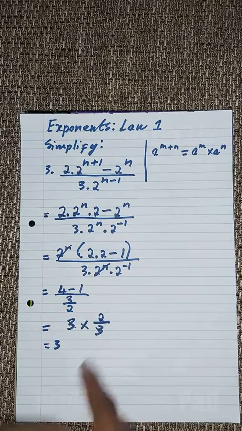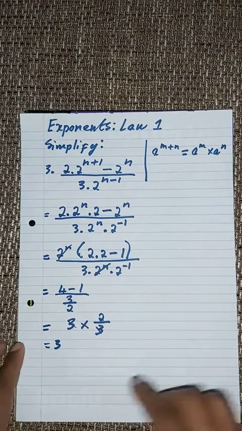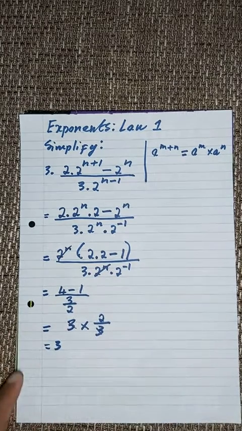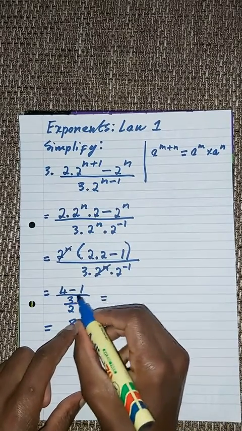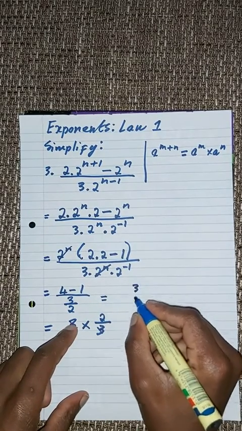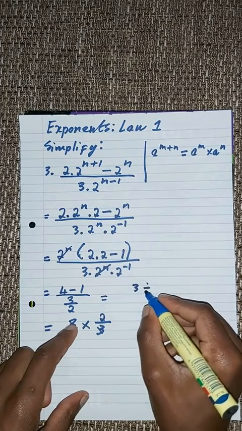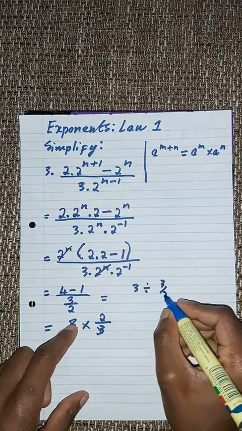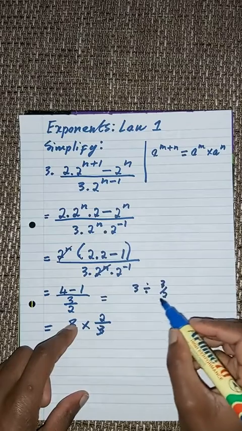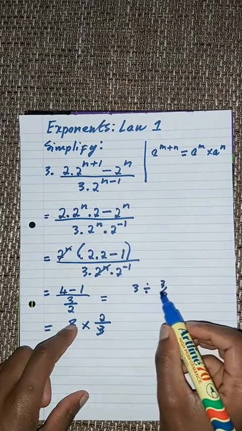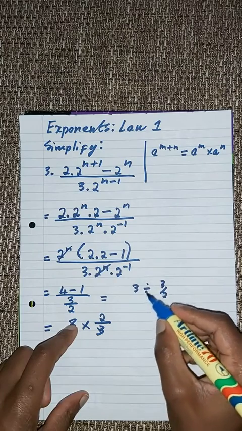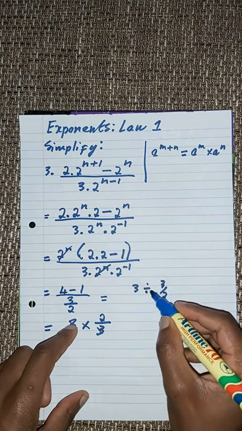But to make you understand what is it that we did here, let me just do this. I said 4 minus 1. I know that I'm going to get 3. And that 3 is divided by 3 over 2, right? Now, for me to solve this problem, since I have double divisions, I take this one and change it to a multiplication.